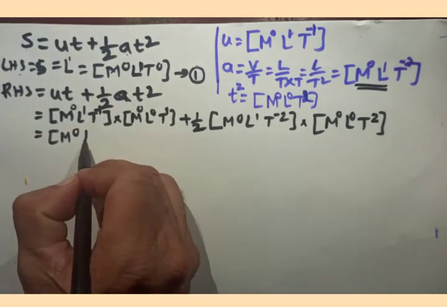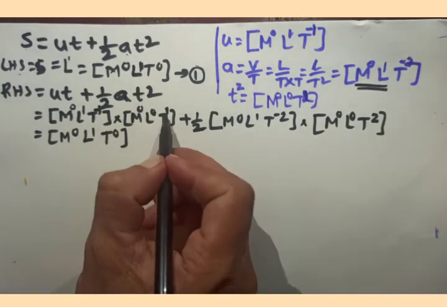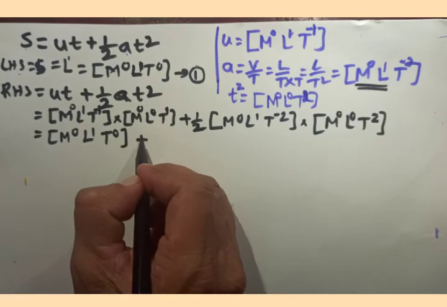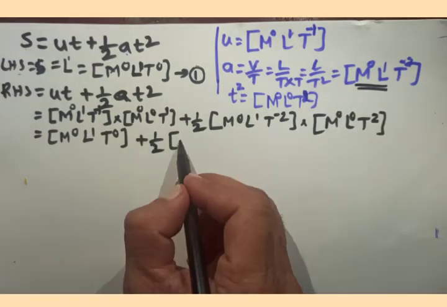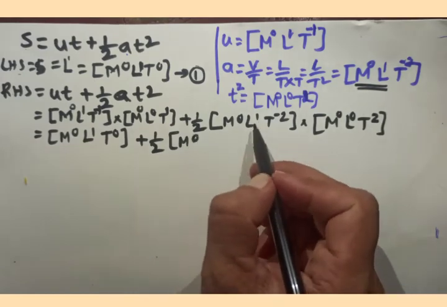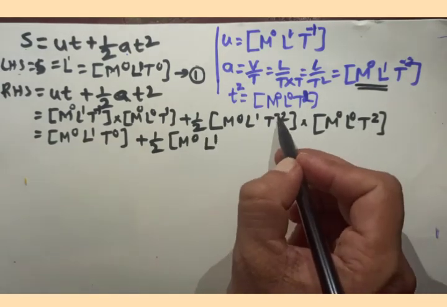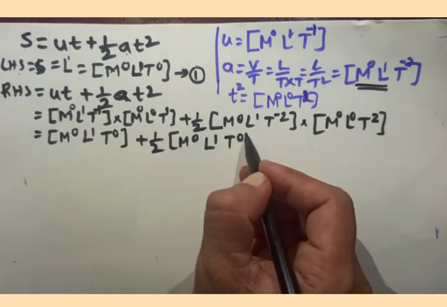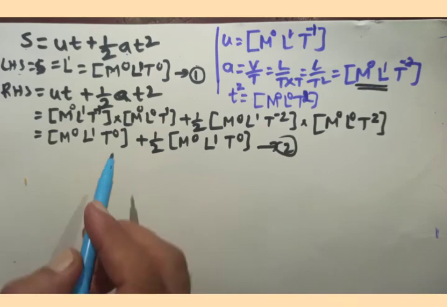So 1 plus 0 will give L1, T raised to minus 1 and plus 1, you get T raised to 0. This plus 1 and this minus 1 cancel, plus half times. Same thing here, 0 multiplied by 0 is 0 plus 0 becomes 0. 1 plus 0 of L becomes 1 only, where T minus 2 and plus 2 become T raised to 0.